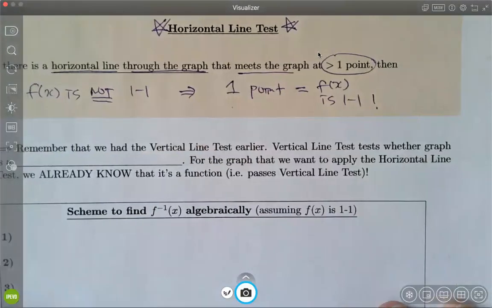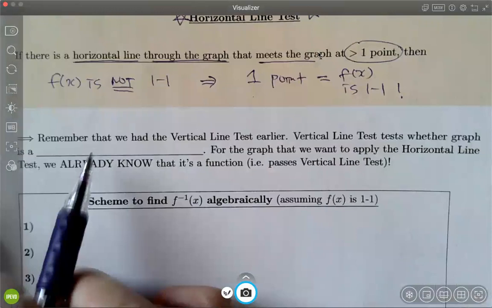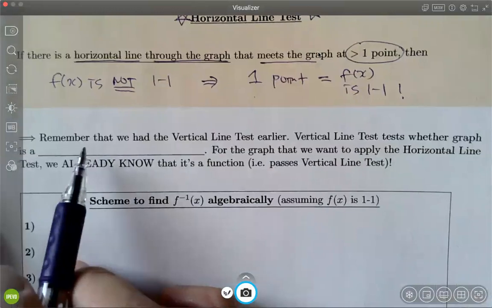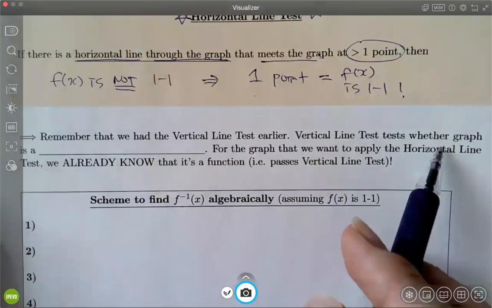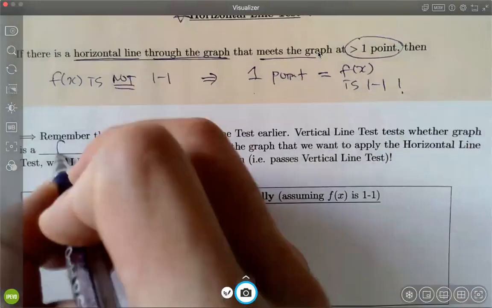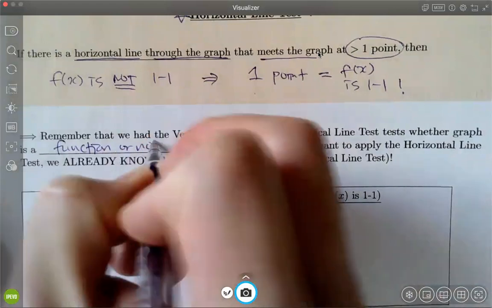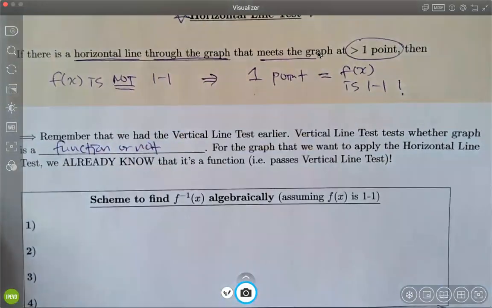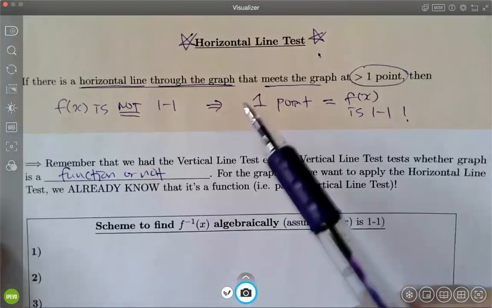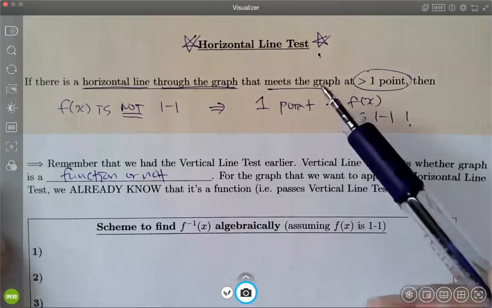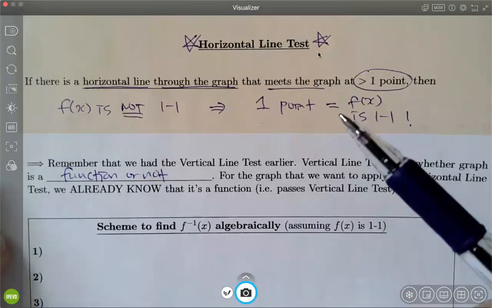So again, reiterating what I just said a minute ago, the vertical line test is used to tell whether the graph is a function or not. So there's a difference here. Now, does that mean the graph that we use the horizontal line test on already passes the vertical line test?